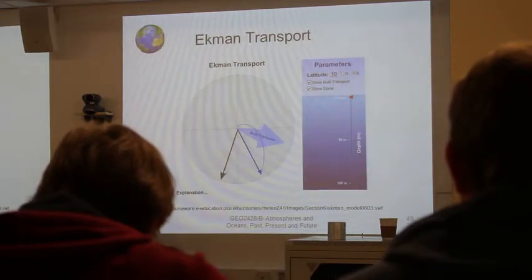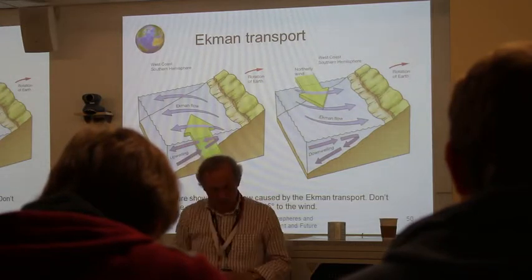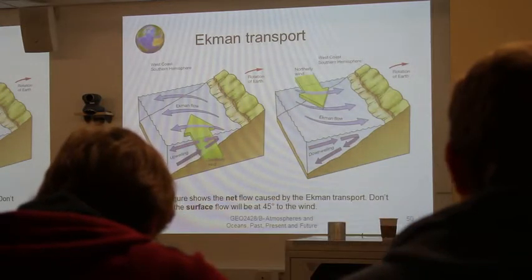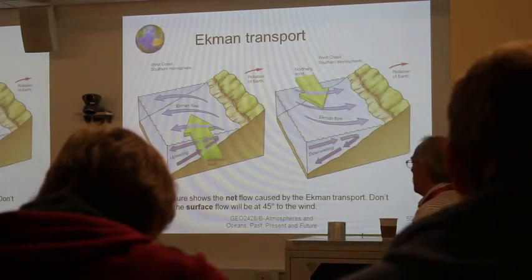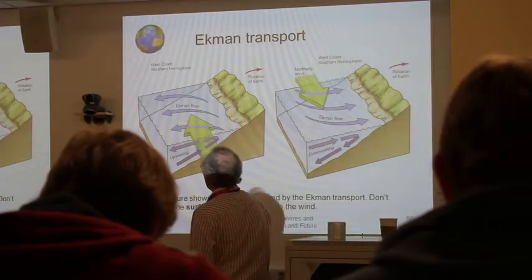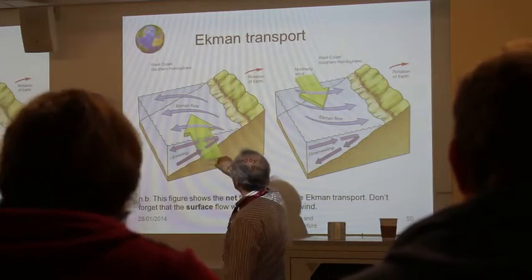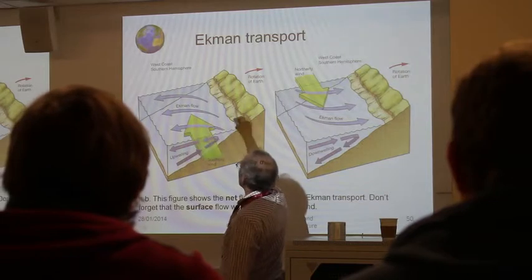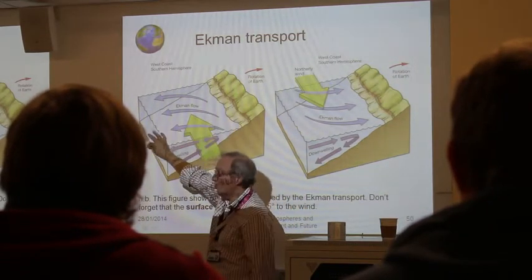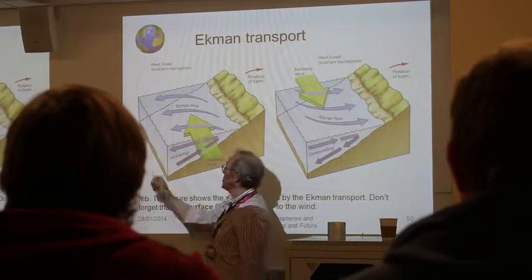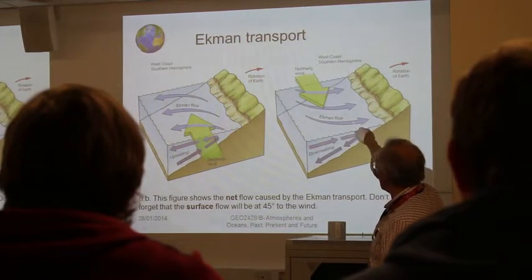But the effect of this is that when you get close to the coast, the drag effect of the coast starts to operate, and you can see how you can have wind, you've got water upwelling here, wind is coming in this direction, the Earth's rotating that way, and the net effect of the flow is to move water in this direction. And the same is true of the west coast in the southern hemisphere, with a different wind.